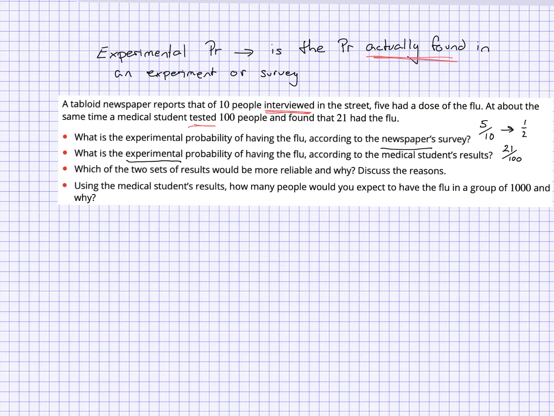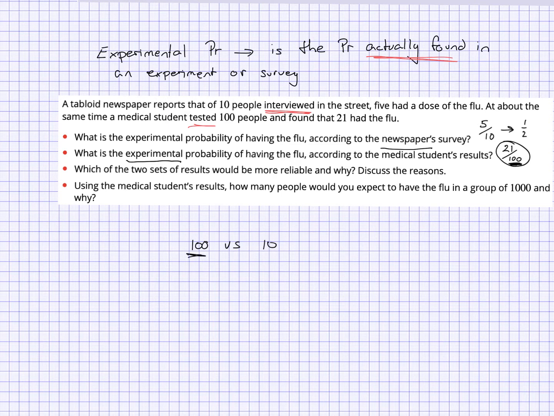Which of the two sets of results would be more reliable? So hopefully you agree with me and say that this medical student's results would be more reliable, not because he's a medical student, but because his survey, or the testing, looked at more people, 100 versus 10. All right, so obviously, the more people you look at, the more accurate your data.